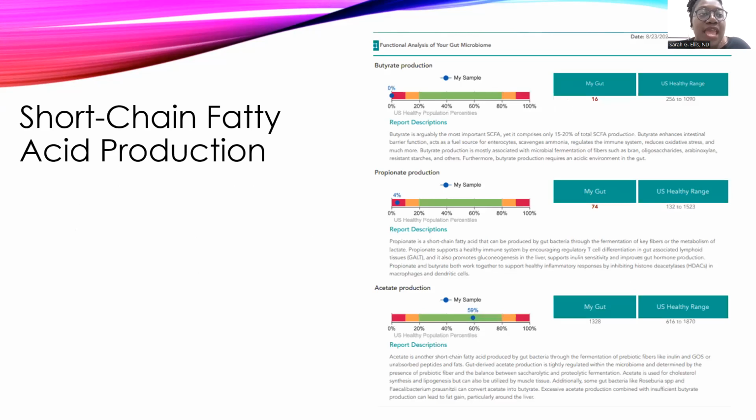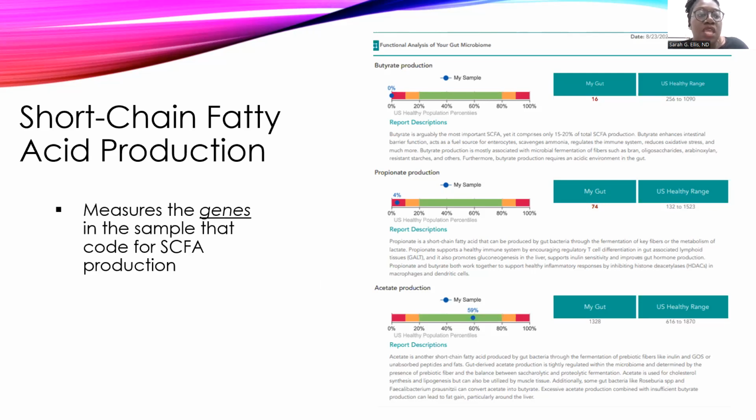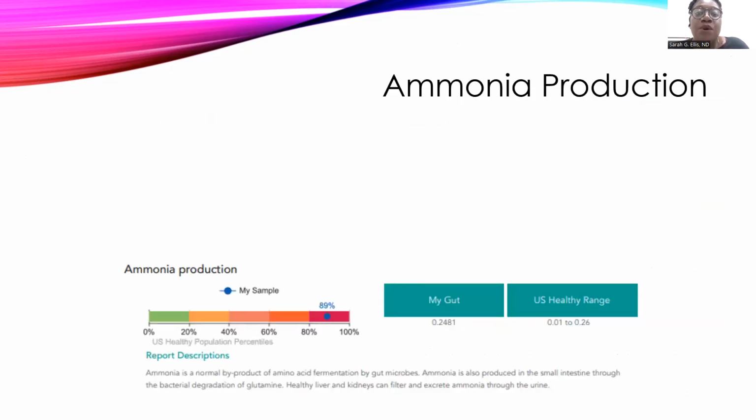So let's take a look at what the short-chain fatty acid production section looks like. We are measuring the genes that code for the production of butyrate, propionate, and acetate. Now with ammonia production, this is a result of proteolytic fermentation, which we mentioned earlier.